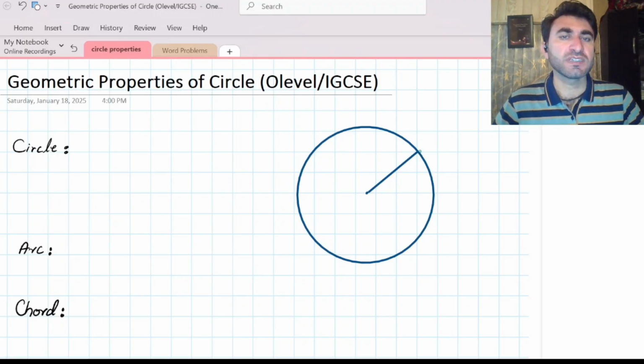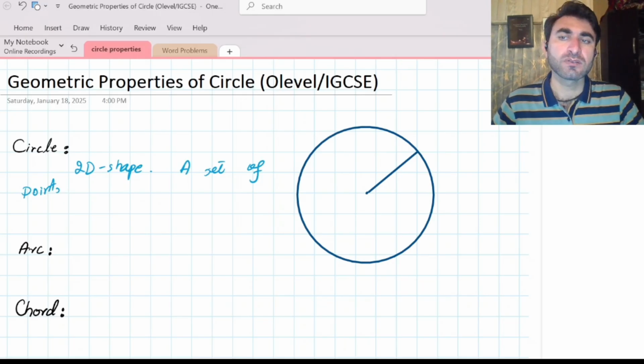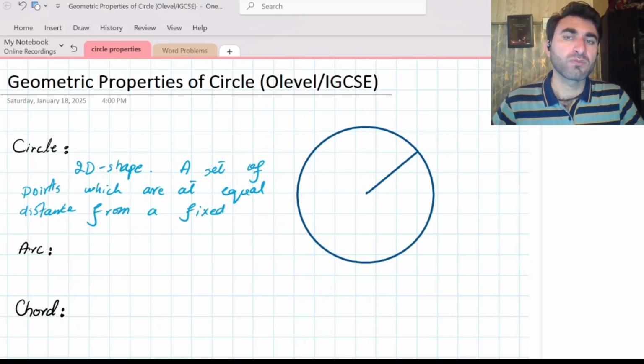Circle, as you see the shape, is a 2D shape and we define it as a set of points which are at equal distance, or we call it equidistant as well, from a fixed point.